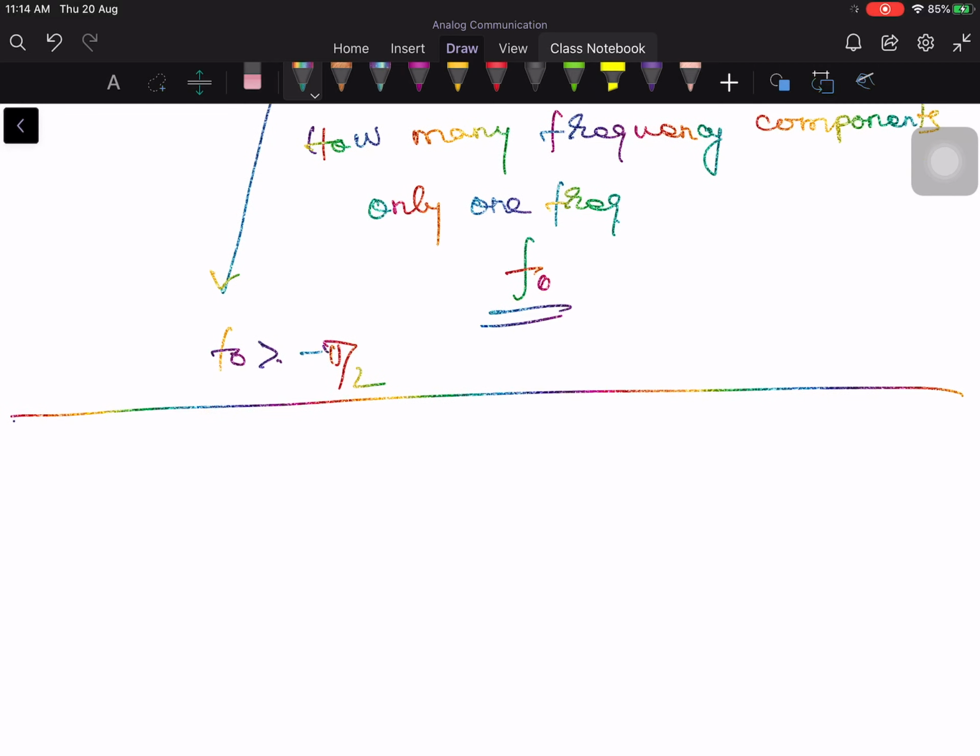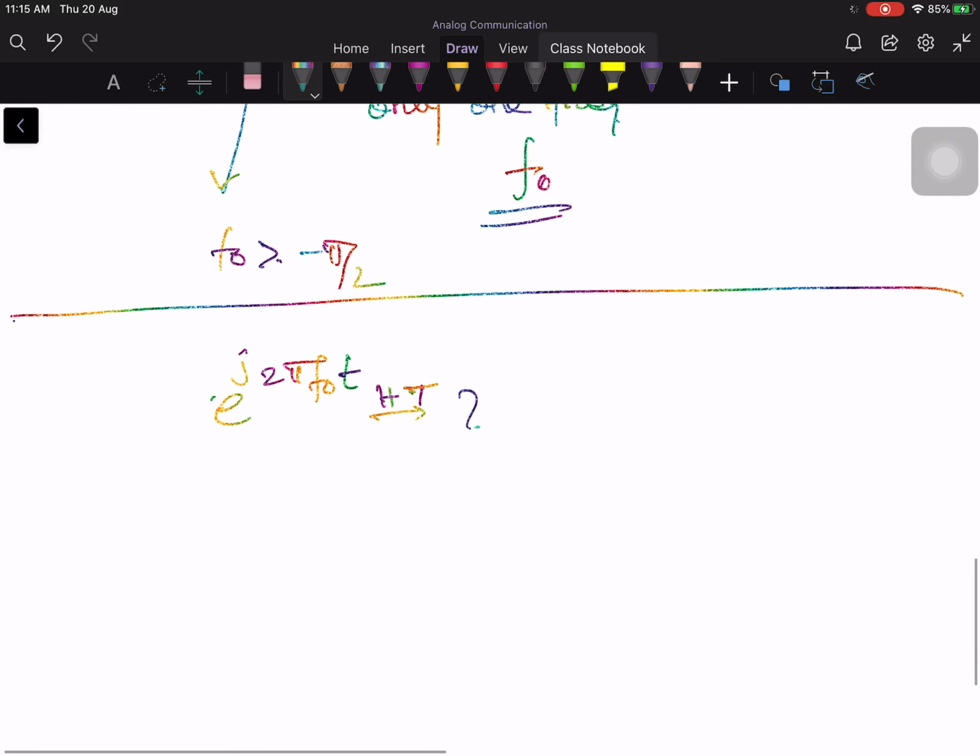Now in general, suppose let's consider a complex sinusoid, that means complex exponential signal e to the j 2 pi f naught t. Now what is the Hilbert transform of this? So you have to be a little careful. Okay, so this is going to be e to the j 2 pi f naught t.